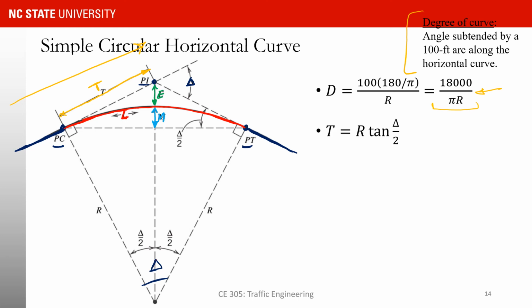T is equal to R into tangent of delta over 2. How can we do that?